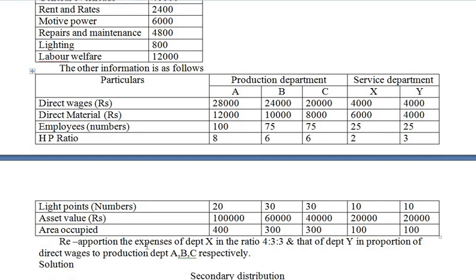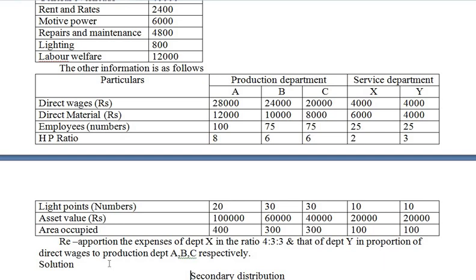Then reapportion the expenses of department X in the ratio 4:3:3 and that of department Y in the proportion of direct wages to production department A, B, C respectively. So this is the problem they have given.